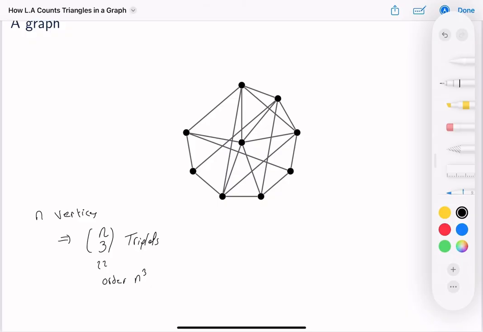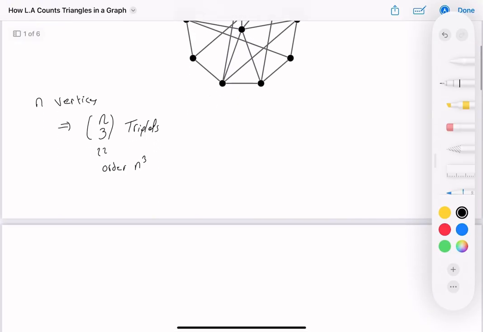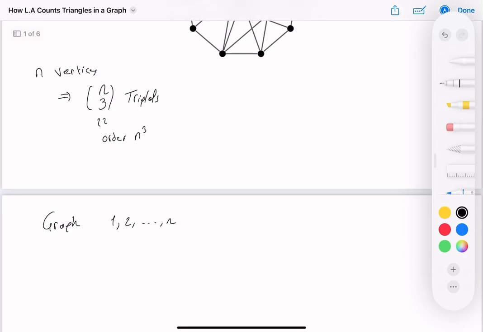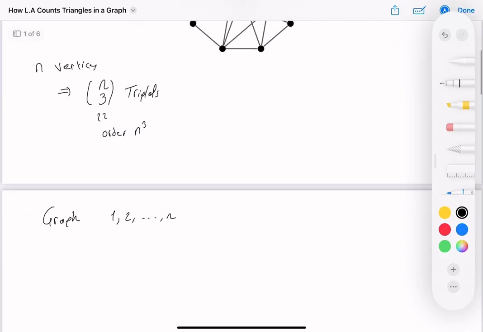Okay, so here's what we're gonna do. Let's enumerate the vertices from 1 up to n. So if we have a graph with vertices 1, 2, dot dot dot, up to n, we may define a matrix that represents this graph. Here's how we can do it.